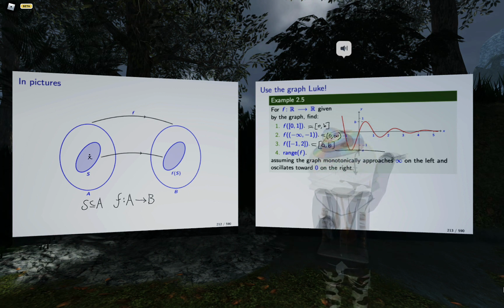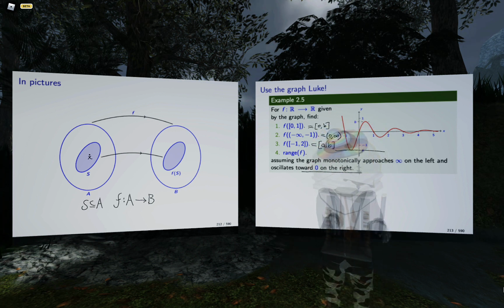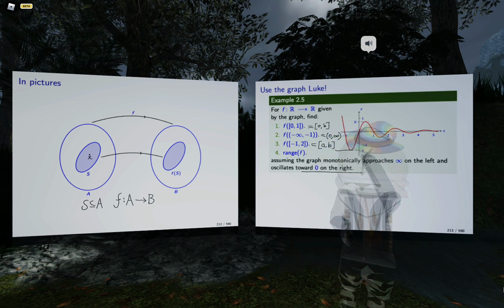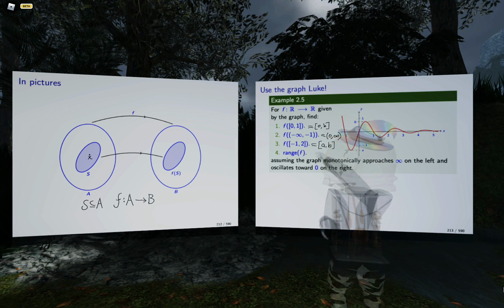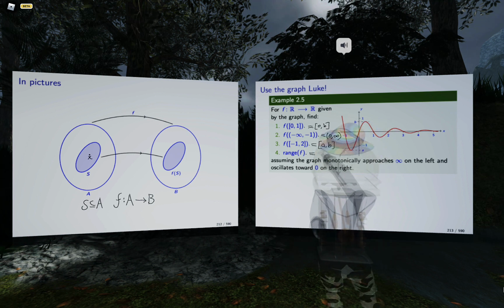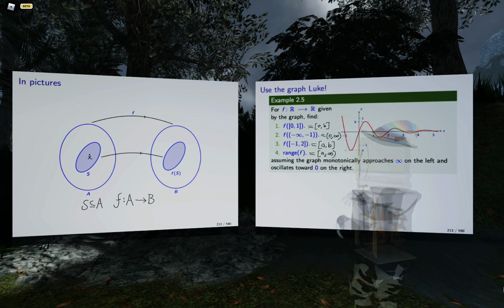I don't actually care what's happening over there, right? I just need to know that it can't go down again, and that's what that says. So it seems like that is A up to infinity. The range of f is A inclusive up to infinity.